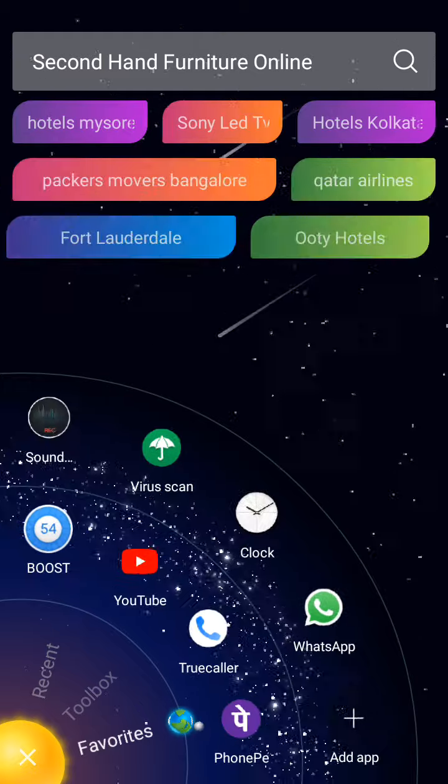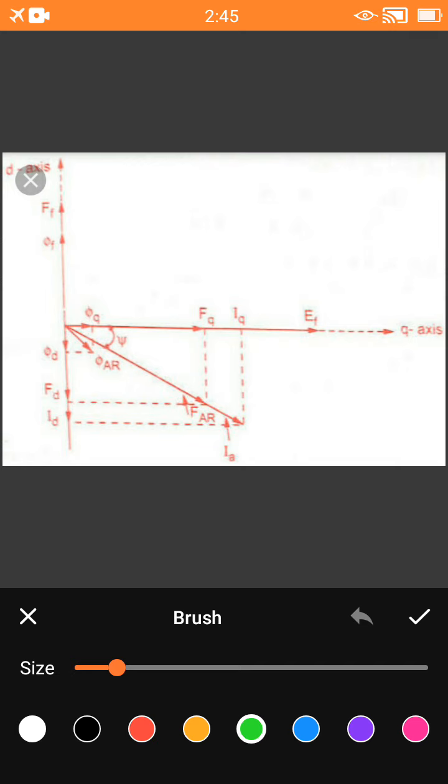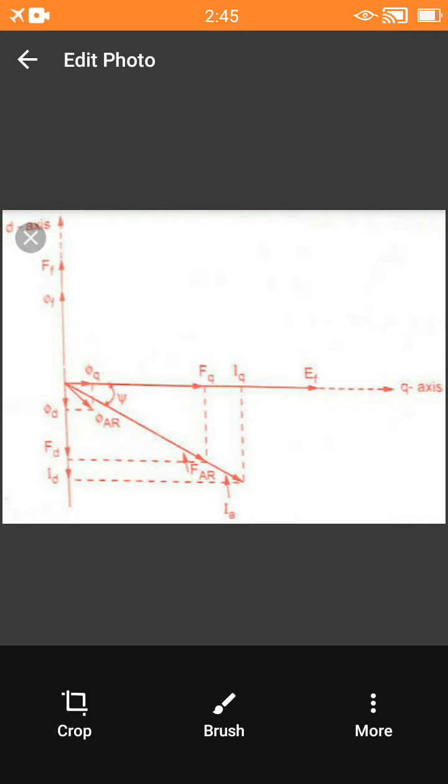Sometimes it is magnetizing, sometimes it is demagnetizing, and FQ is the cross magnetizing component. Demagnetizing means it reduces the value, and cross magnetizing means it distorts the value. This is shown by the phasor diagram.